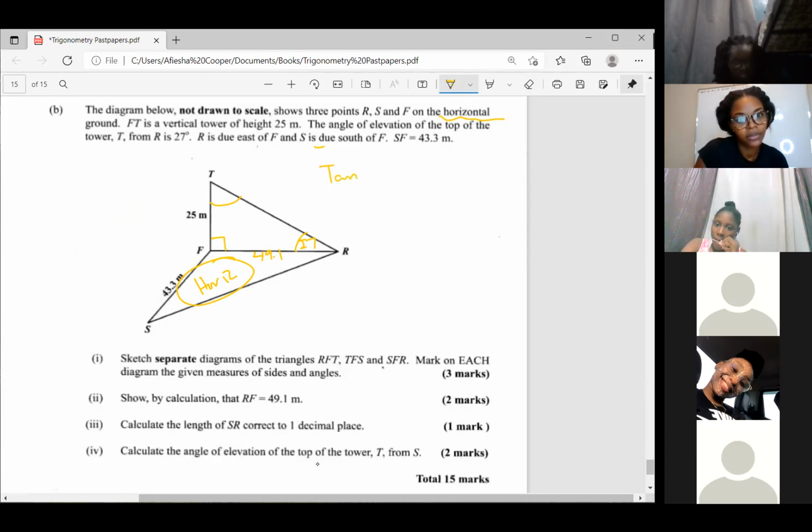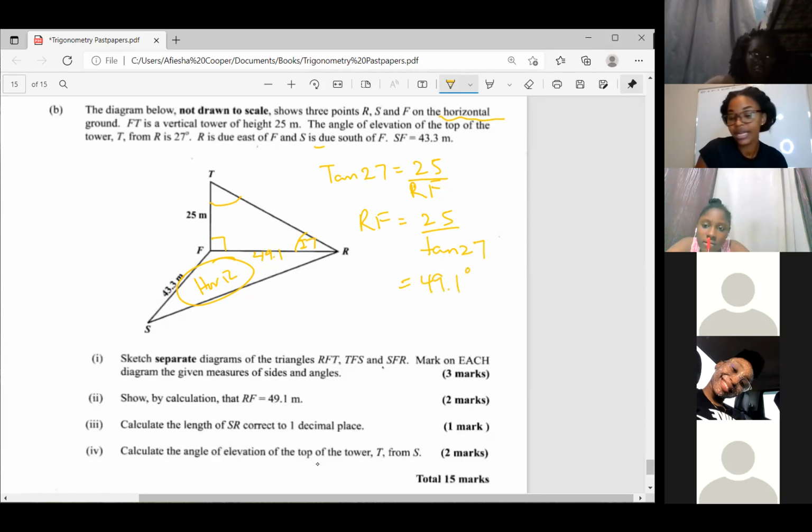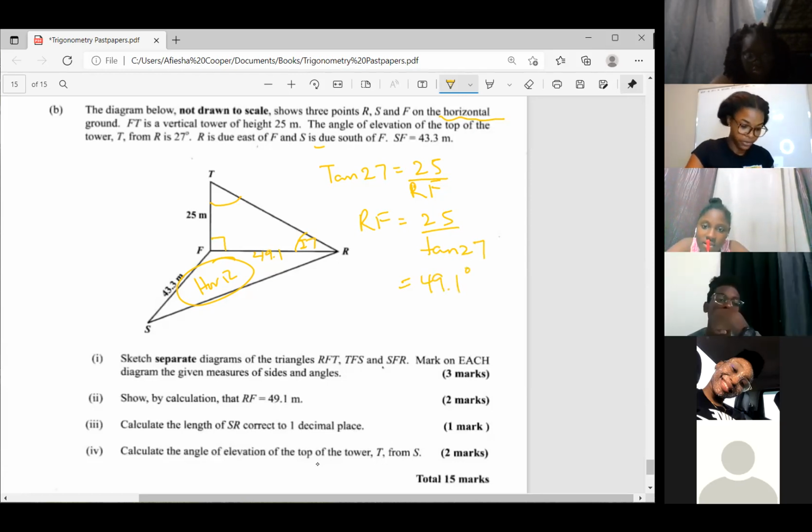So tan 27 is equal to 25 over RF, which is RF is equal to 25 over tan 27. That's 49.1, right? I didn't even work it out, but it should be. 49.1, nice. Everybody got that?